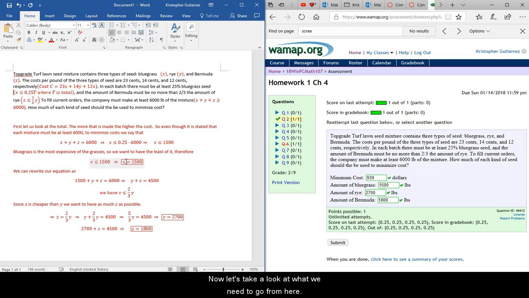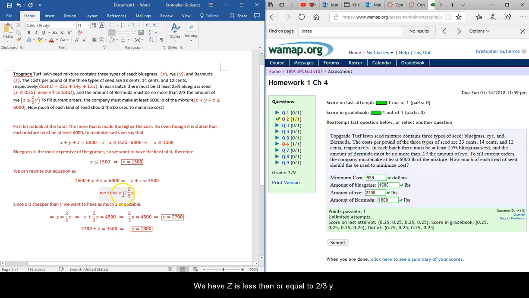Now let's take a look where we need to go from here. We can rewrite our equation. So we have X plus Y plus Z is 6,000. But now we know X is 1,500. So what we can do is say 1,500 plus Y plus Z is equal to 6,000. And this gives us Y plus Z is equal to 4,500. Alright, we have Z is less than or equal to 2/3 Y. So Z is cheaper.